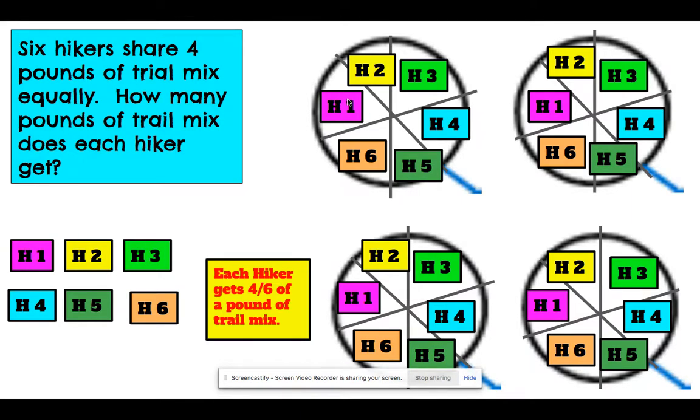Let's take a look at hiker 1. Hiker 1 gets 1/6, 2/6, 3/6, and 4/6. So we know that each hiker is going to get 4/6 of a pound. And if you look at hiker 2, it's the same thing: 1/6, 2/6, 3/6, 4/6, okay?